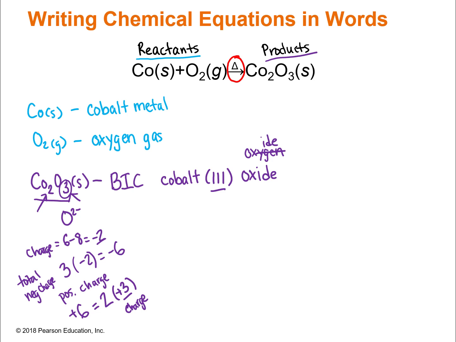So if you're talking about the cross method, that's when you already know what the ions are. Now you could reverse that, but that might be a little too confusing. What I did here, let me get a different color. I started by saying cobalt is a transition metal.